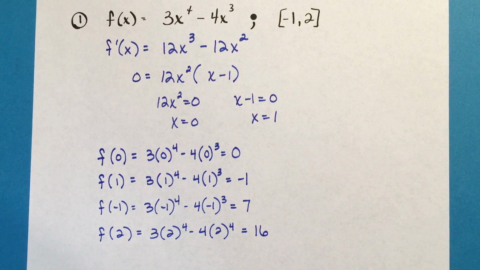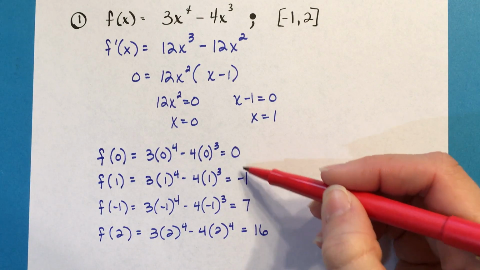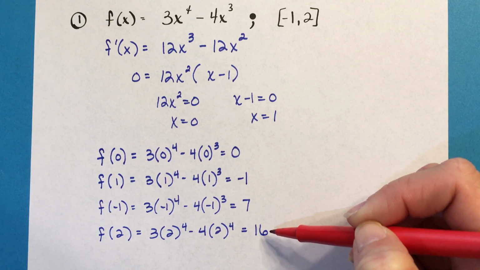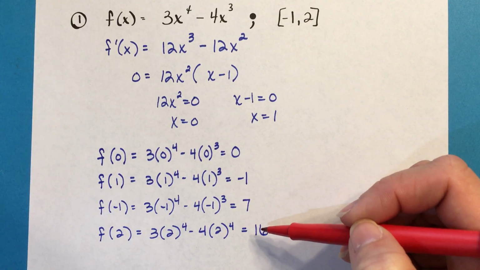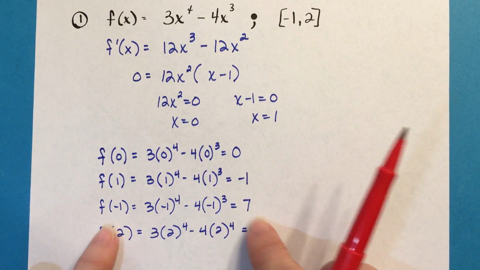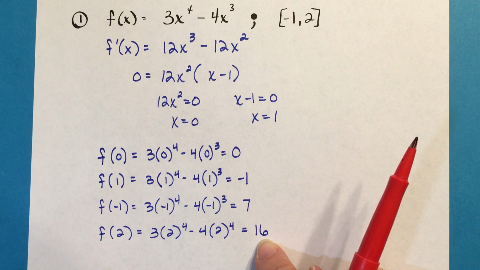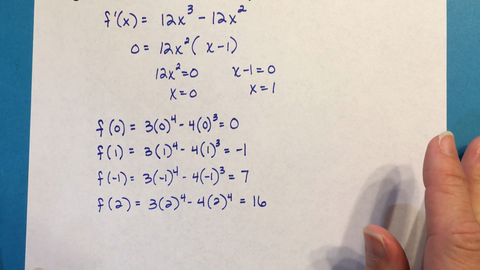Okay, so step 4, the least of these values is your minimum. These values represent y values; they are actual locations on your graph. Like this would be the point (0, 0), (1, -1), (-1, 7), (2, 16). So out of these points, what's going to be the highest point and what's going to be the lowest point?